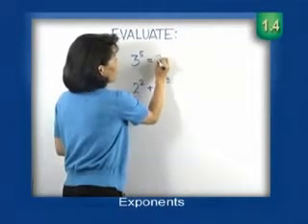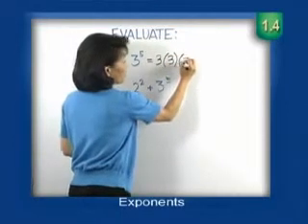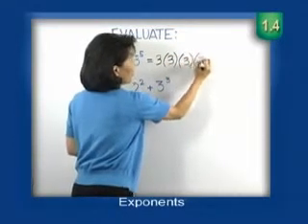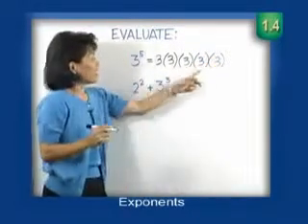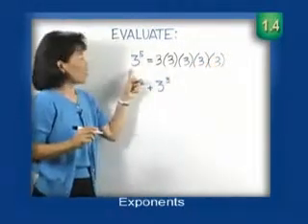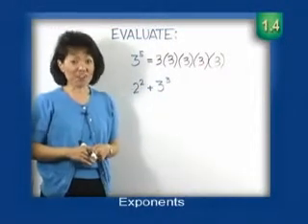That gives us 1, 2, 3, 4, and 5. So this is the same thing as 3 to the 5th power. The rest of the problem then is to multiply all these 3's together.